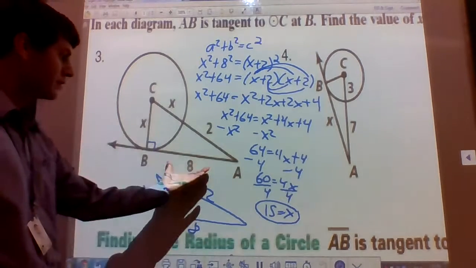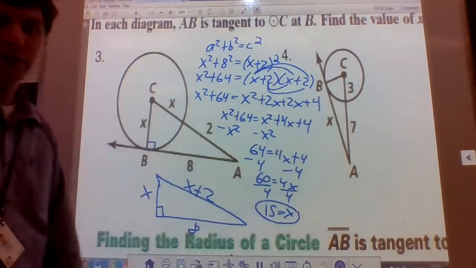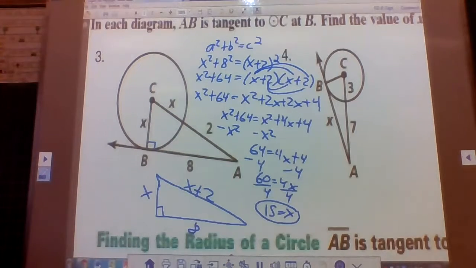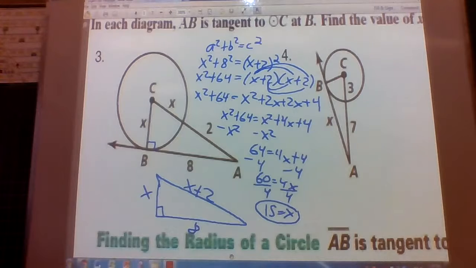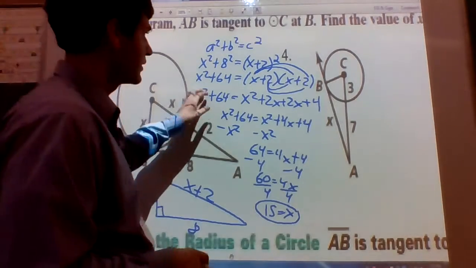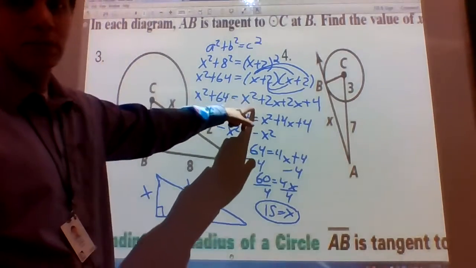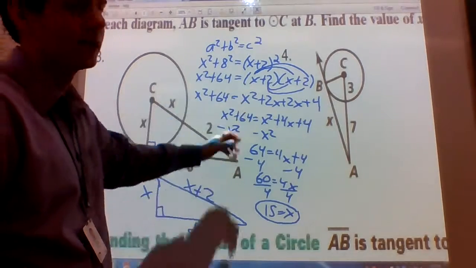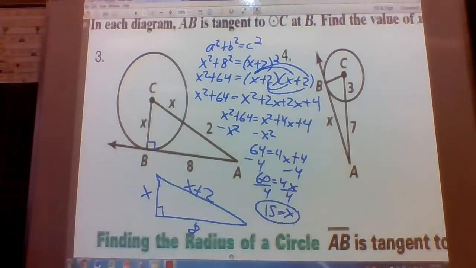X squared plus 8 squared equals x plus 2 squared. From there, it's just algebra. We really could have just gotten everything on one side, and you can use menu 3 in the calculator if you want.